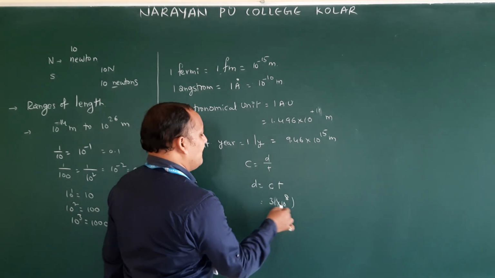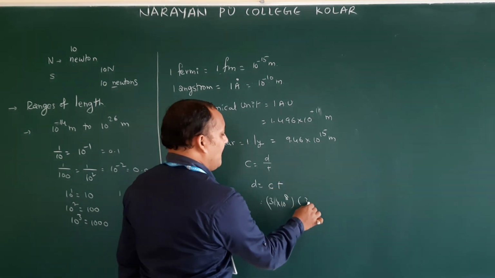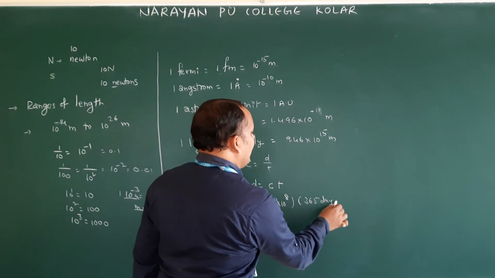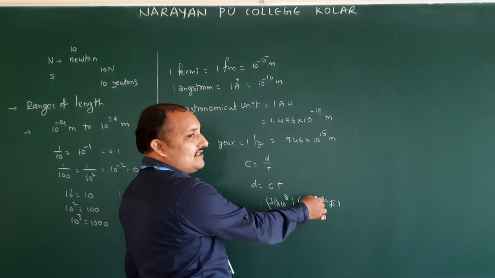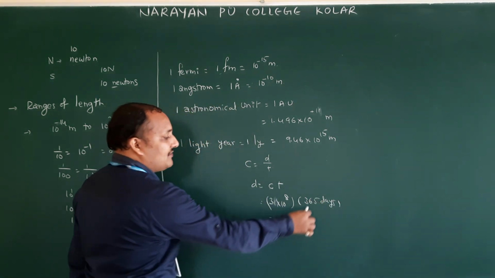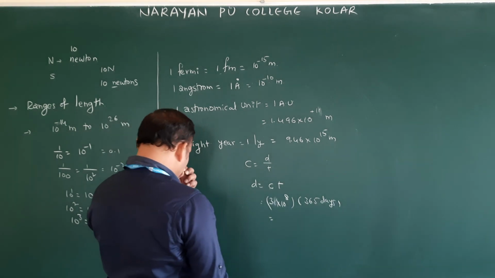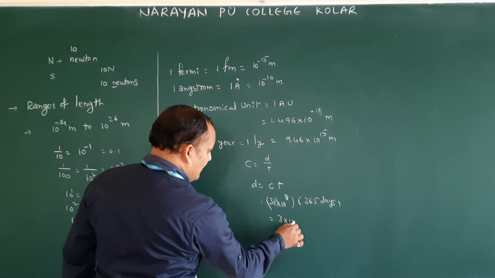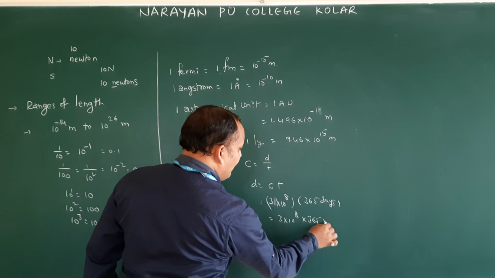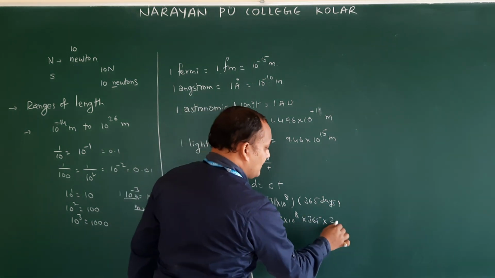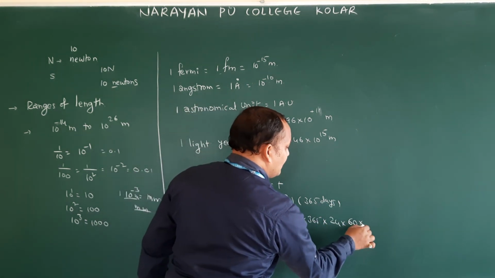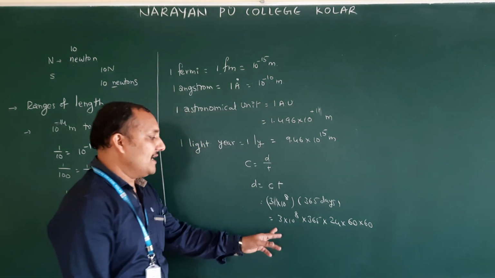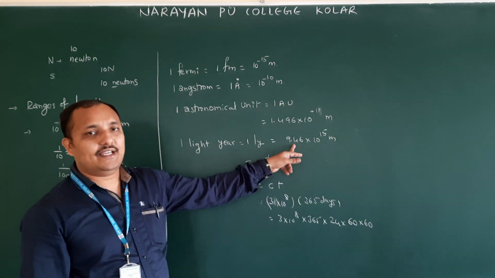Some average, because a leap year changes it, 365.2 something will be coming. 1 day is 24 hours, 1 hour is 60 minutes, 1 minute is 60 seconds. If you multiply these values, you will get this value.